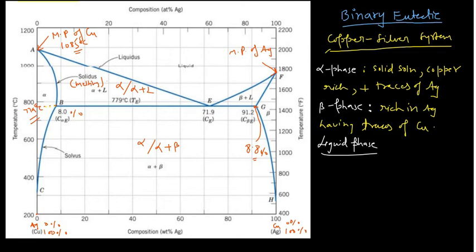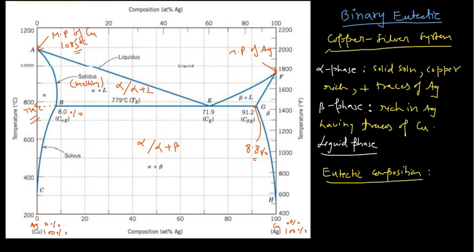Now what you can see here, this E is representing the eutectic composition. So I can write it here as eutectic composition, that means easy melting composition.